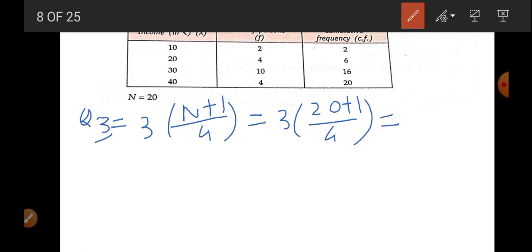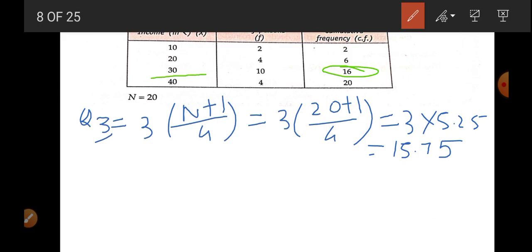When we do the calculation, we get 3 multiplied by 5.25. So what do we get? We get the value 15.75.